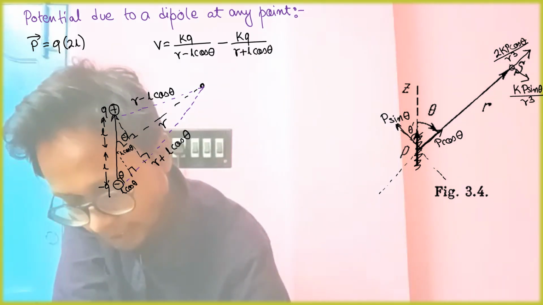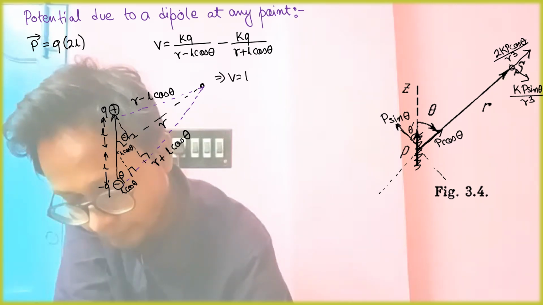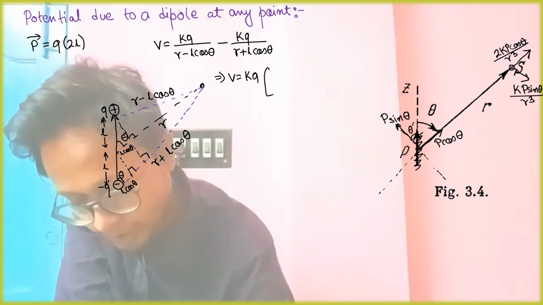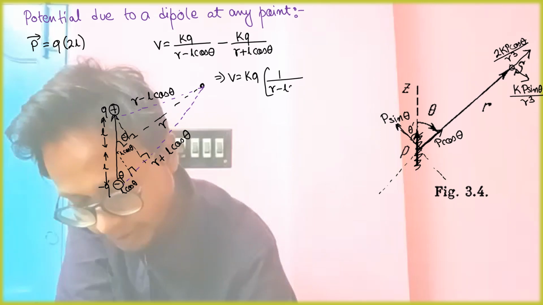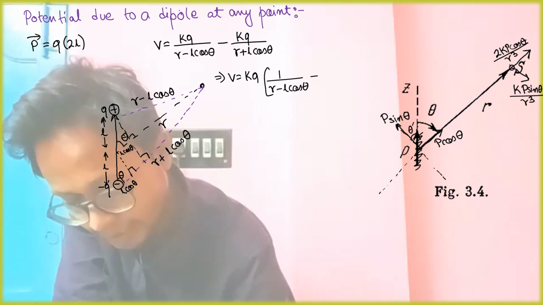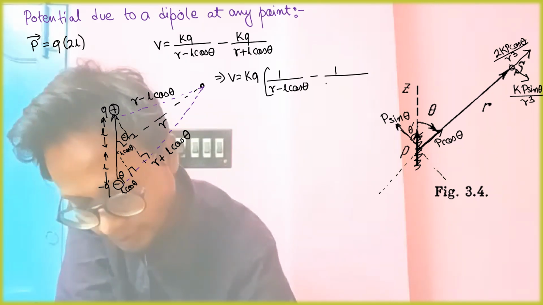Now when you take kq common, we get kq times 1 by R minus L cos theta minus 1 by R plus L cos theta, isn't it?